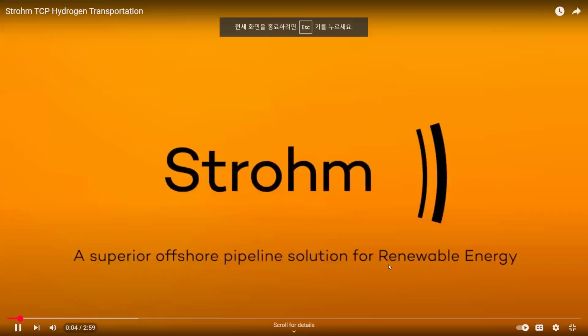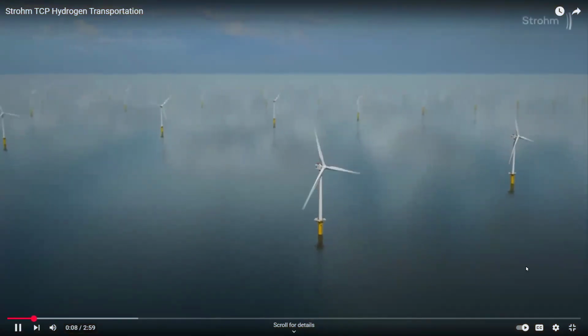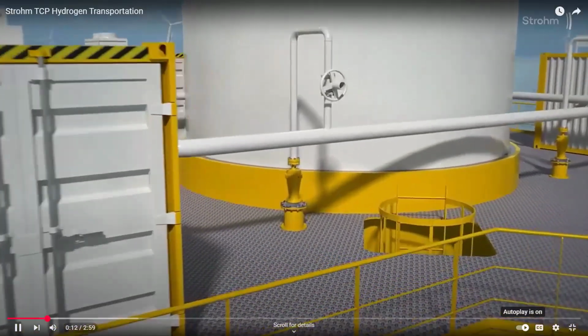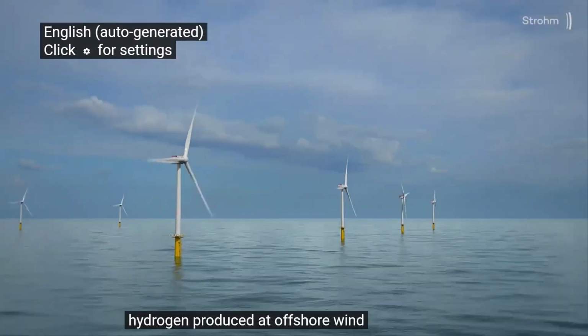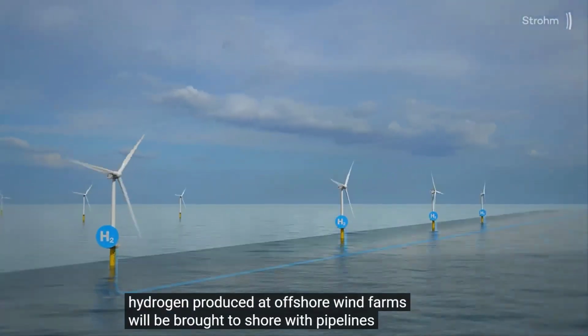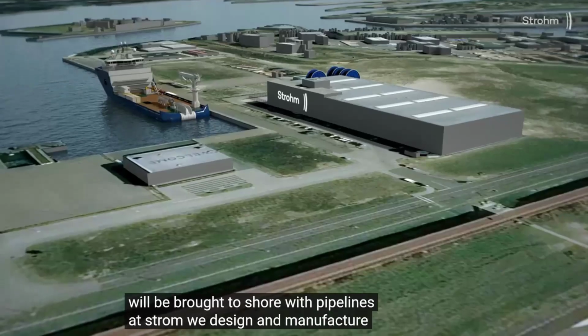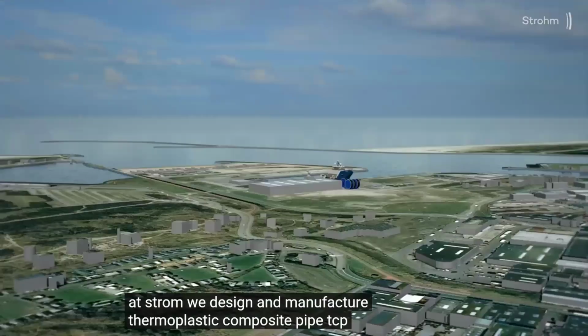As the global energy sector shifts its focus from fossil fuels to renewables, the production of hydrogen offshore will be an important part of our energy future. Hydrogen produced at offshore wind farms will be brought to shore with pipelines. At Strom, we design and manufacture thermoplastic composite pipe, TCP.